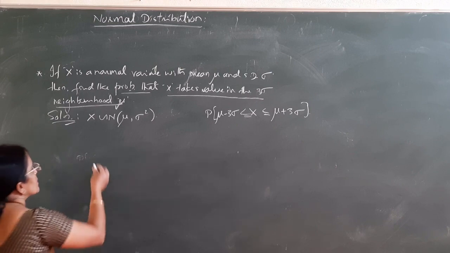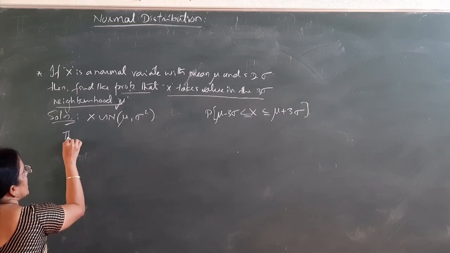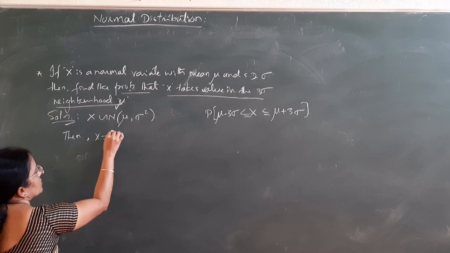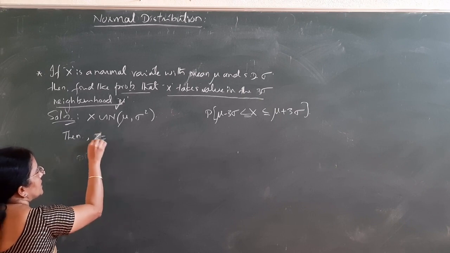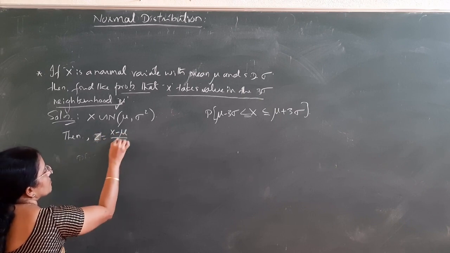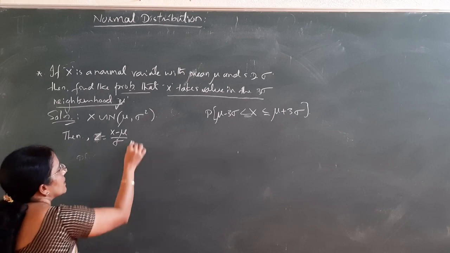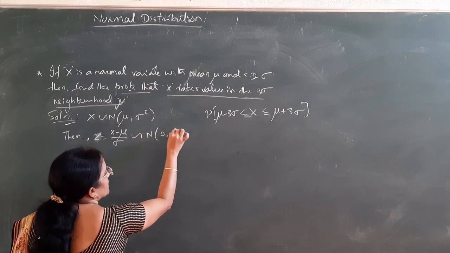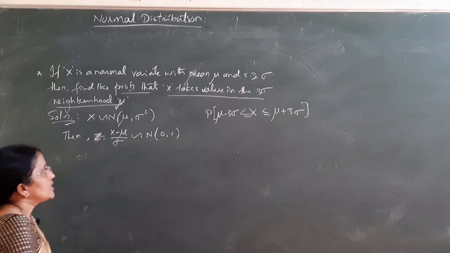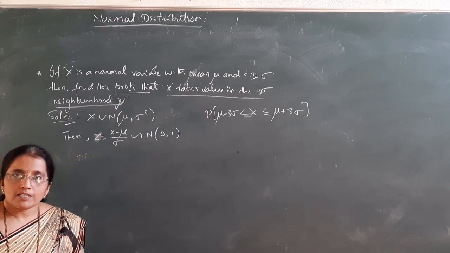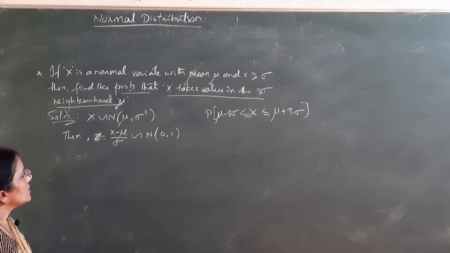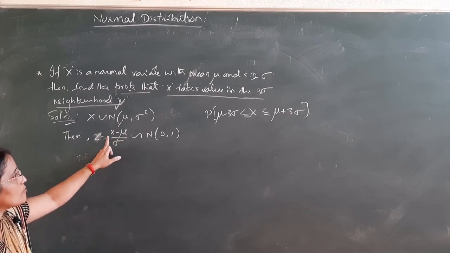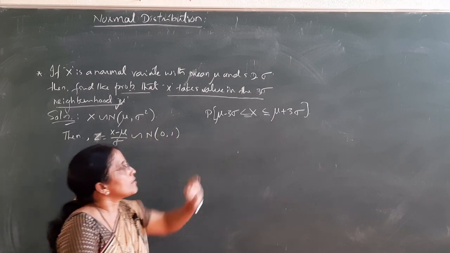So, first write the standard normal variate, z equal to x minus mu by sigma. It follows normal with the 2 parameters 0, 1. I told you it is very, very important in the previous class, right? This is the factor which is used to convert the given normal variate into a standard normal variate.